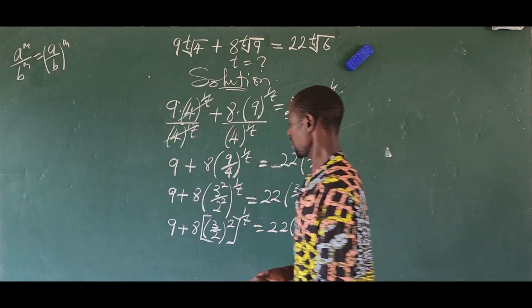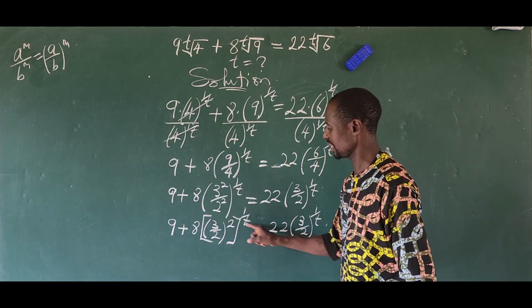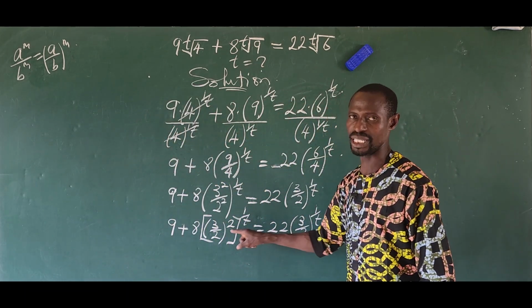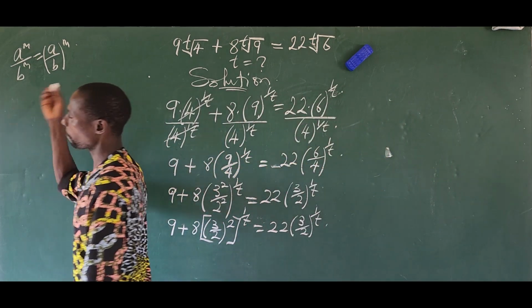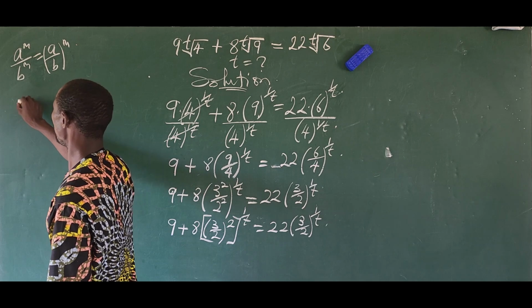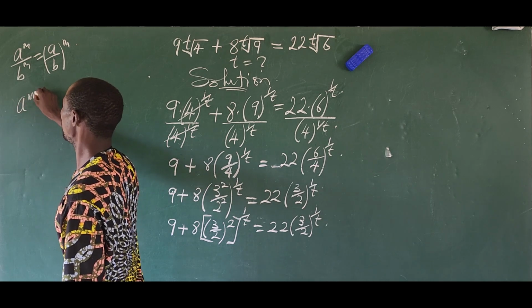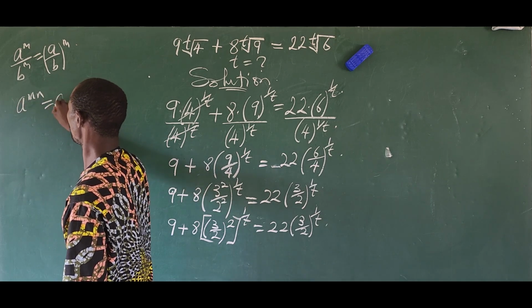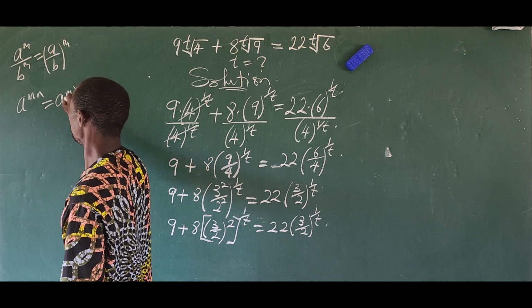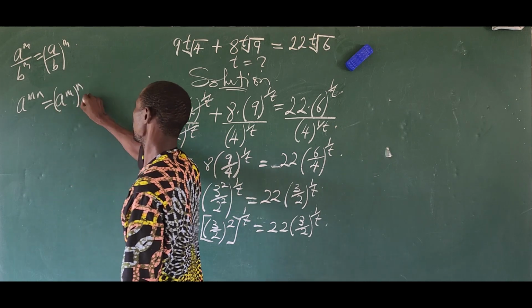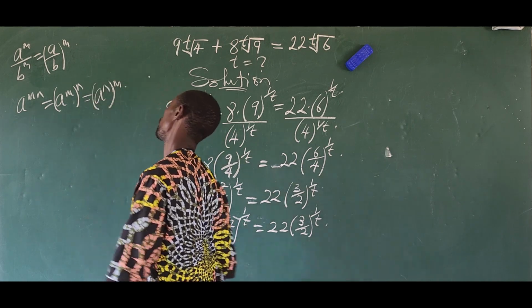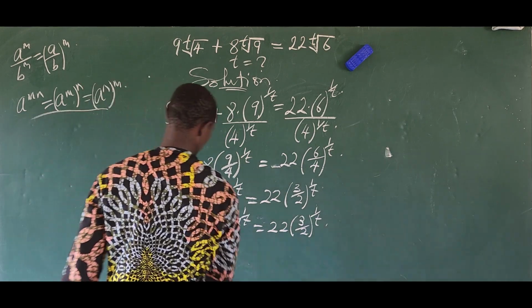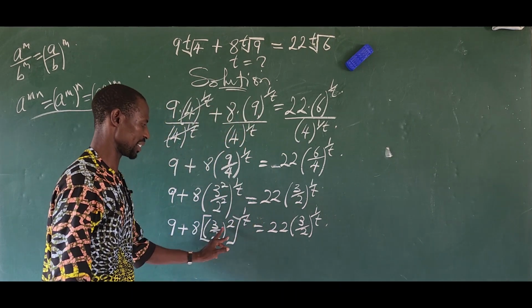Good. Now we want to interchange the positions of these two exponents. We apply the law which says that a to the power of m n is equal to a to the power of m, bracket n, which equals a to the power of n, bracket m. So we can bring this out and bring this in.